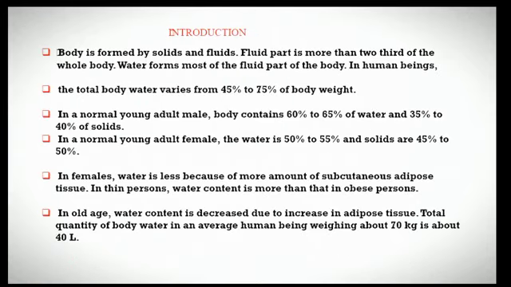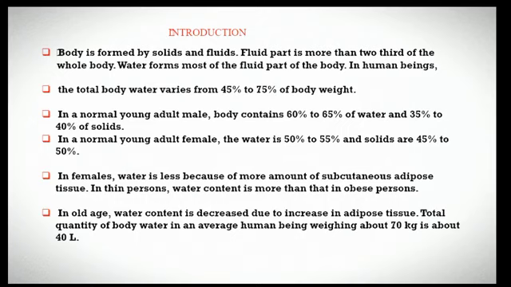Just as a point of introduction, you have already heard that the Earth's surface is made up of 70% water and 30% land. The same thing happens to the body system. There are more fluid in the body than solid.